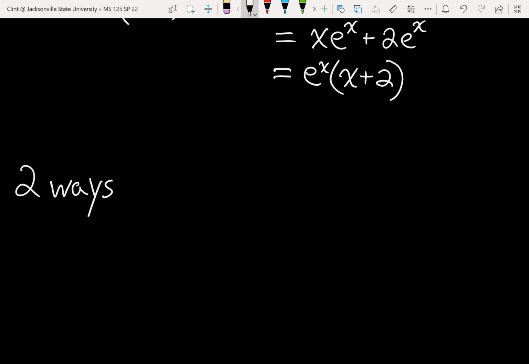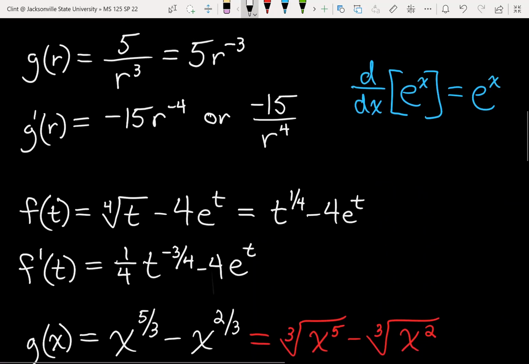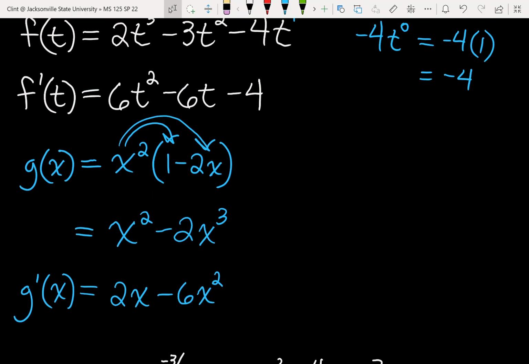We've had a few problems, like, let me back up here. What do we have? We had this one. On this one, we could have done the product rule and got the same answer, but we can also multiply it out and then get that same. If we did the product rule on that one instead, that would be u, this would be v.